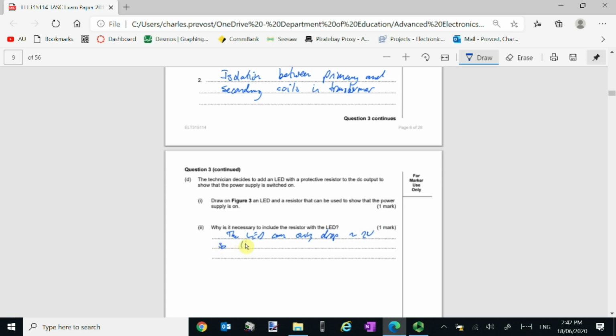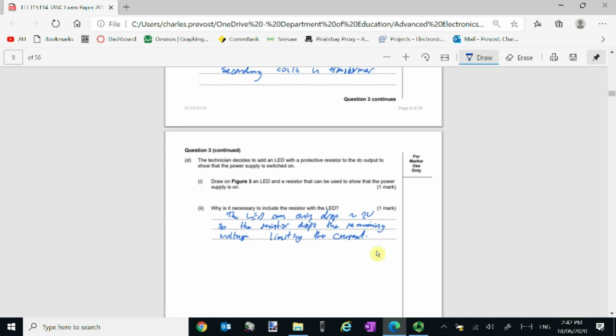So the resistor will drop the remaining voltage, limiting the current, preventing it from burning out. Preventing it from failure.